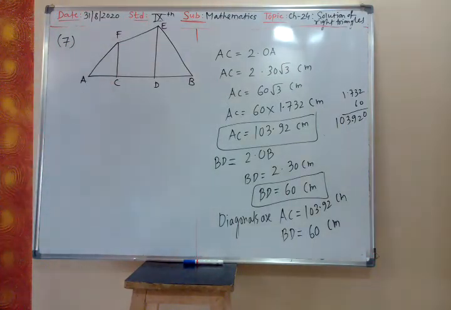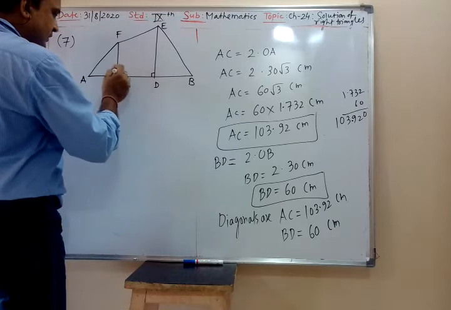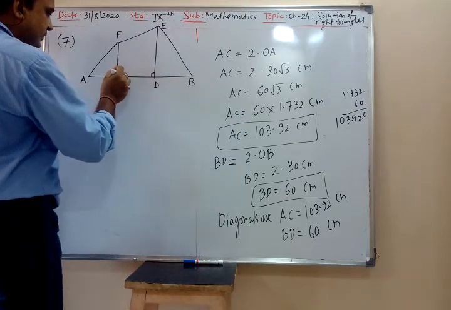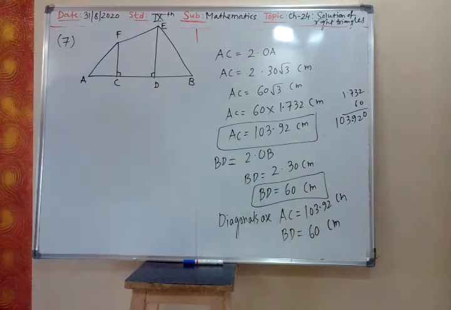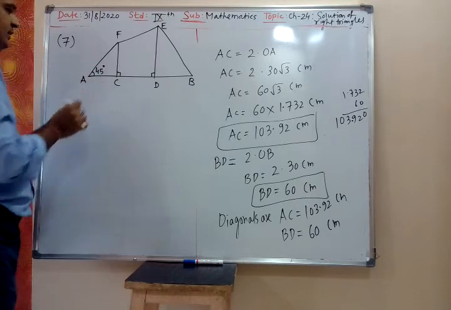Now this angle D is 90 degree, this is 90 degree, this is 90 degree. A is given 45 degree.